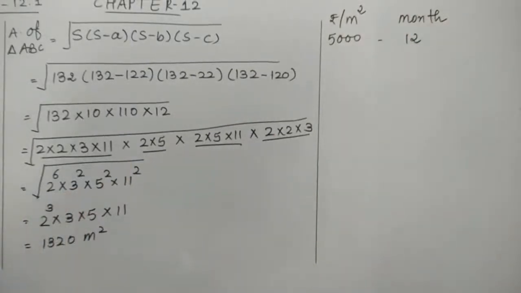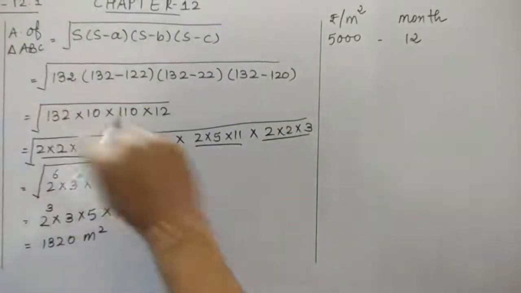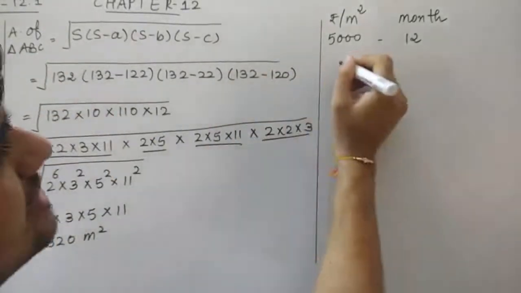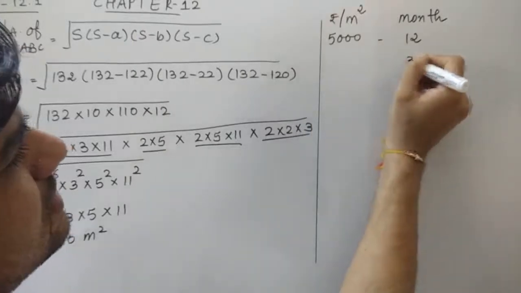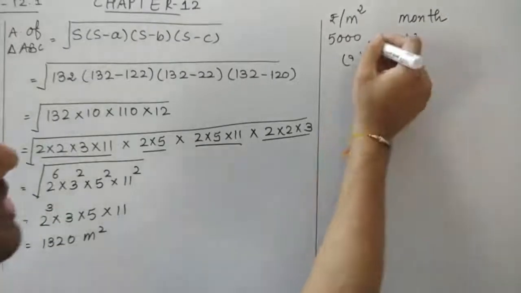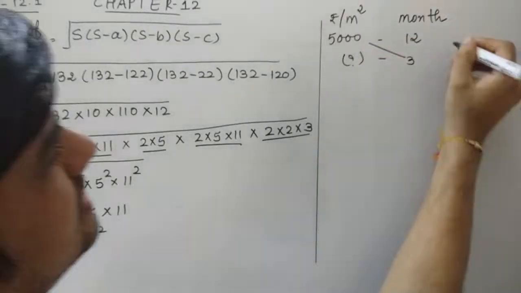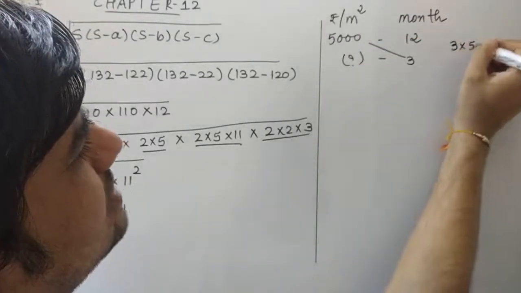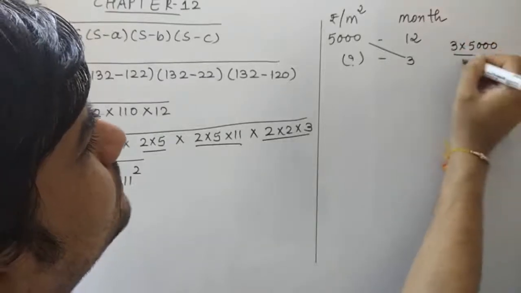Now if you read the question, they have given that ये कंपनी एडवर्टाइजमेंट 3 महीने के लिए लेना चाहिए. So for 3 months, what will be the cost per meter square? So let's go for the cross multiplication. So it is 3 into 5,000 upon 12.